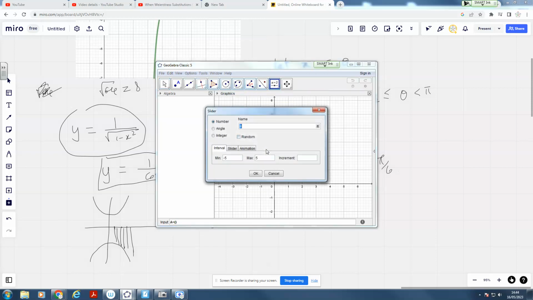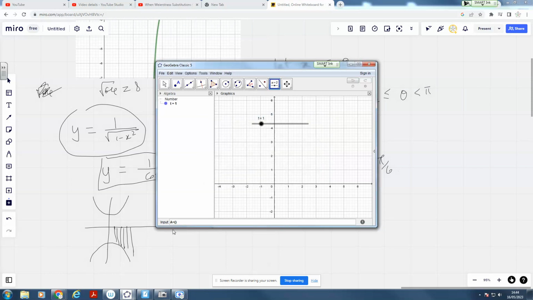Let's add theta, or let's just call it t, and we'll do it from 0 to 2 pi. Just wanted you to see this, okay, and then we'll put a in as, I think it was sine t, and then 1 over cos t. Okay, and then we'll just set a trace on a.